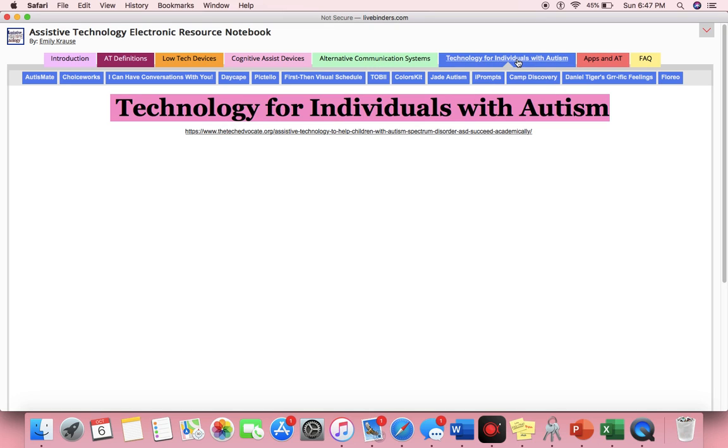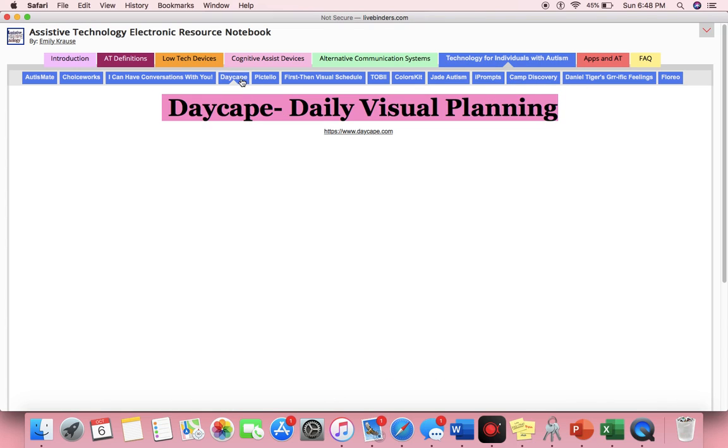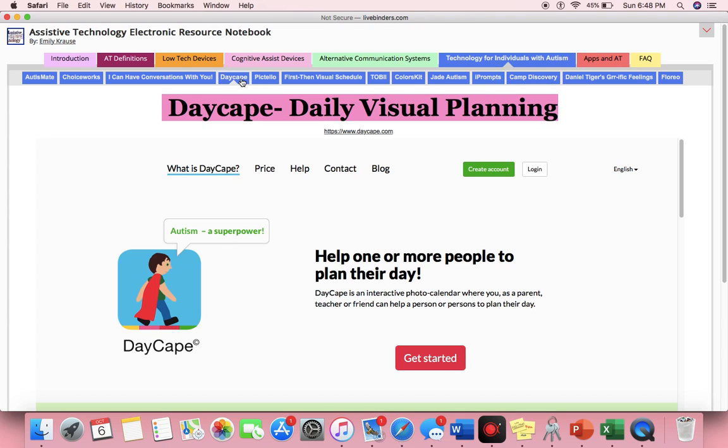The next category is technology for individuals with autism. I particularly enjoyed completing this category because I am specializing in autism for my master's, so it was really interesting to find the different apps that I had never heard of. One app that I really liked was Daycape, which just visually plans out their day.